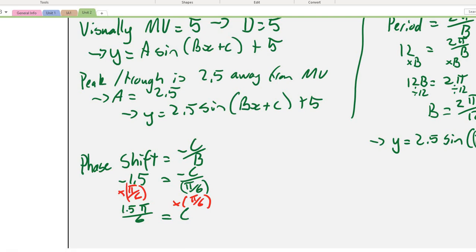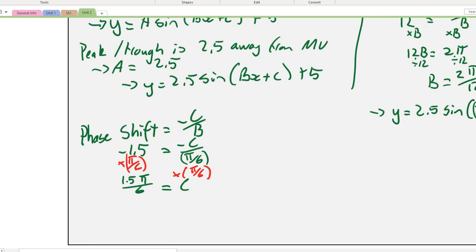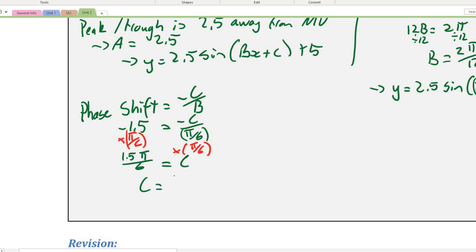How many times does 1.5 go into 6? 4, because 1.5, 3, 4.5, 6. The other way you could have done that, if I just double 1.5, I'd get 3. Double the bottom, I'd get 12. 3 divided by 12 would be 1 over 4. So we can just rearrange that on the bottom. C equals pi on 4.